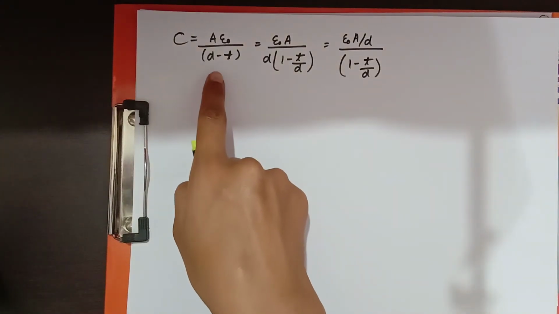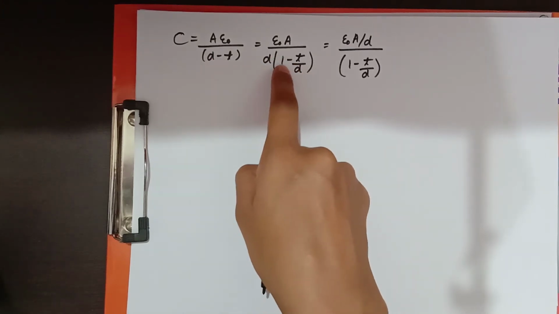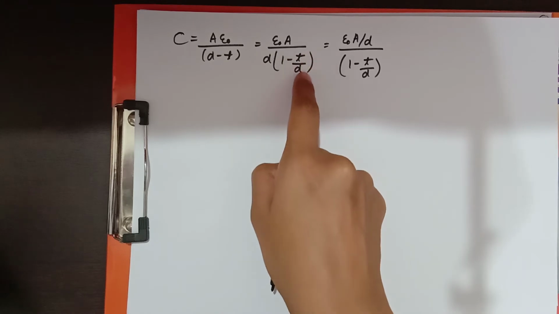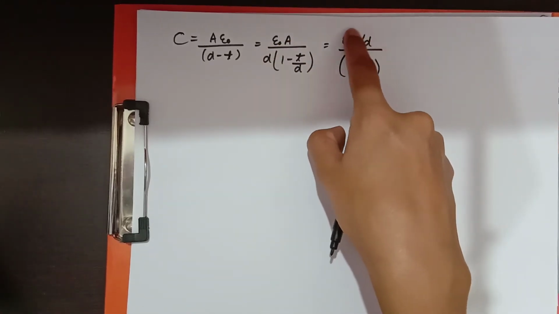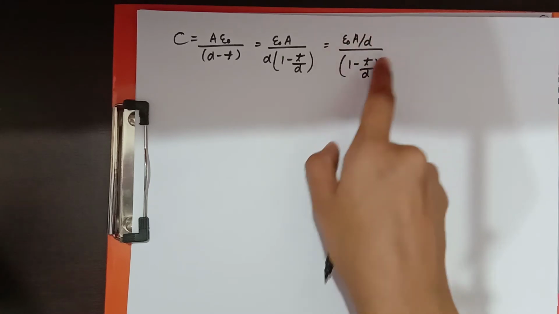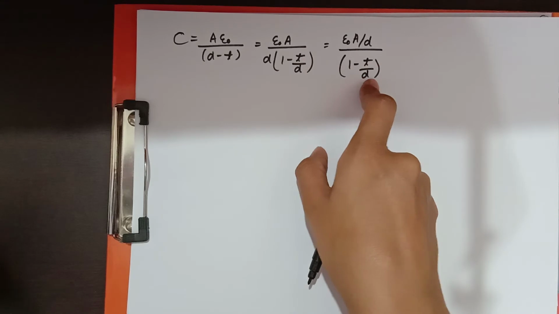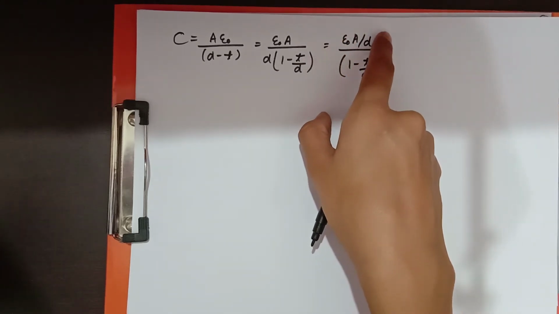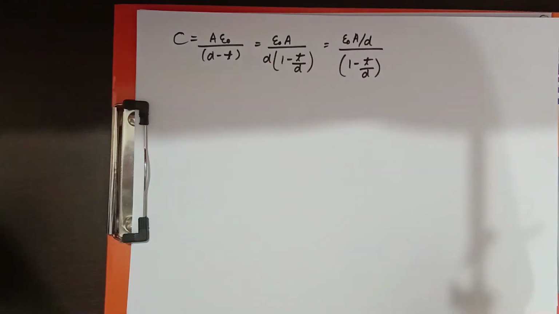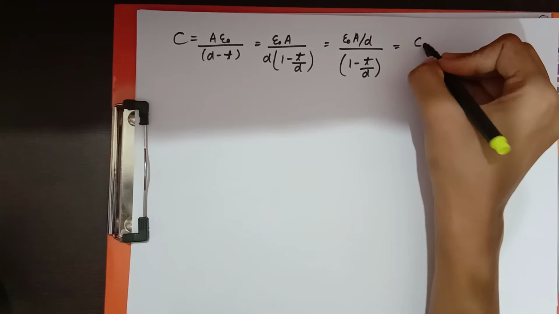In the denominator, I take d out of this bracket, and inside it 1 minus t divided by d. So I can write the numerator as epsilon naught A divided by d, upon 1 minus t divided by d. This is the formula when there was nothing between the plates of the capacitor. So I can write epsilon naught A divided by d as C naught.